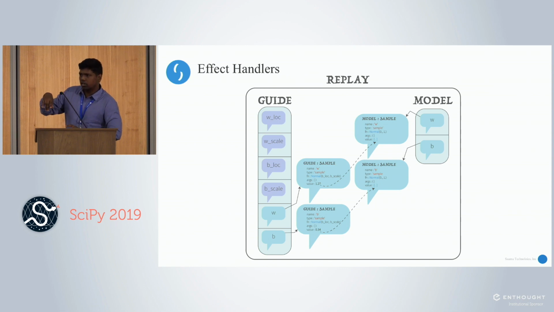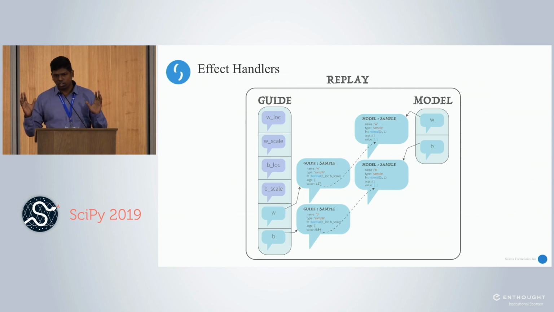And when it's running the trace on the model, instead of sampling from the latent variable distributions, it actually takes the values sampled in the guide trace and replaces them. As you can see in the figure, I hope it's clear. Just to repeat, it runs a trace on the guide, then it runs a trace on the model, but the values of sample sites are set from the values in the guide trace.